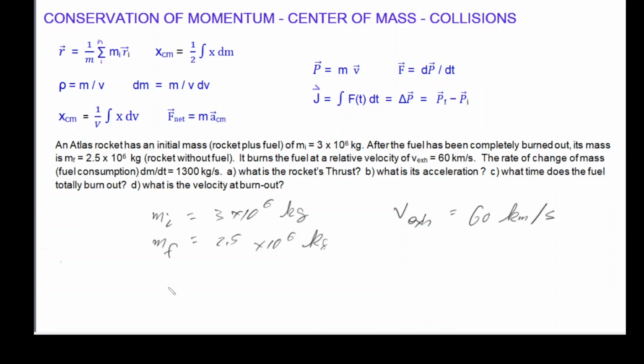And the rate of burning fuel, or R, which is equal to dm dt, is equal to 1300 kilograms of fuel per second.